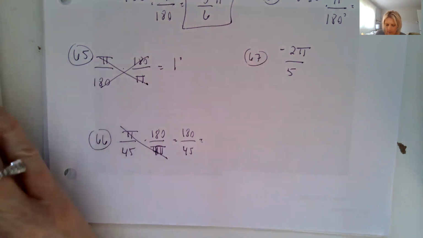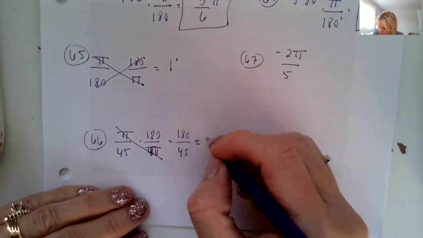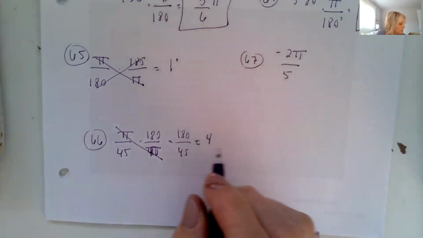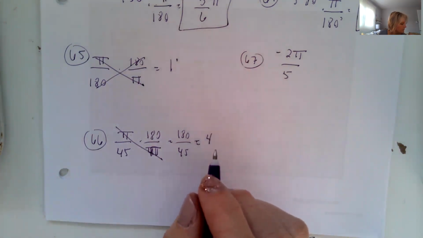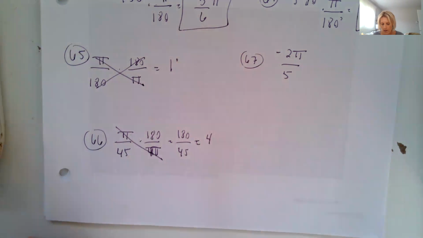And 180 divided by 45 is 4. And we've done a little bit of this already.